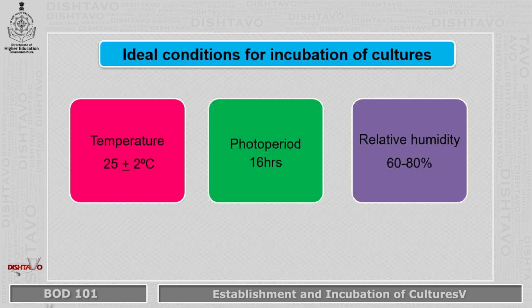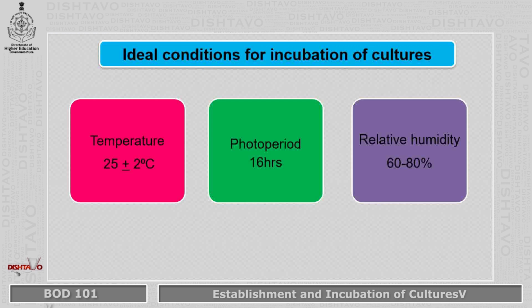So the three ideal conditions that are required, or the physical environment that is required to support or to facilitate incubation of cultures are: the first one is temperature. The temperature has to be 25 degrees plus or minus 2 degrees. Second is the photo period, that is the amount of light that is required for the explant to grow.